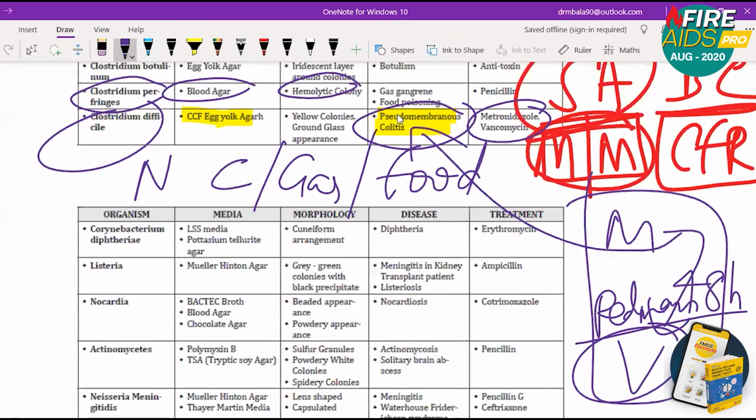So overuse of antibiotics leads to pseudomembranous colitis. We check in CCF egg yolk agar, it is Clostridium difficile.